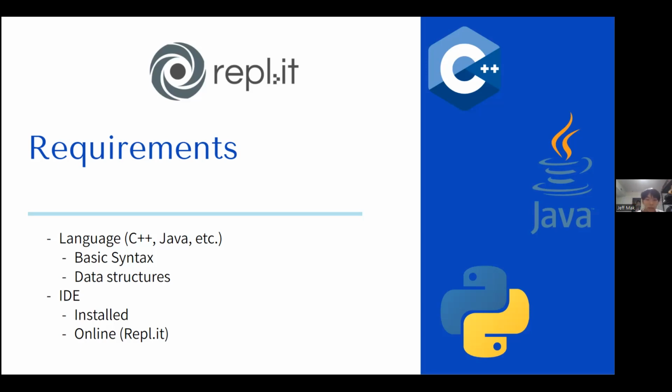You just need to know the basic syntax and data structures. You don't need to go super advanced into a language, and you don't need to know algorithms mainly. You can install an IDE or use an online IDE like Replit, and that's basically all you need.